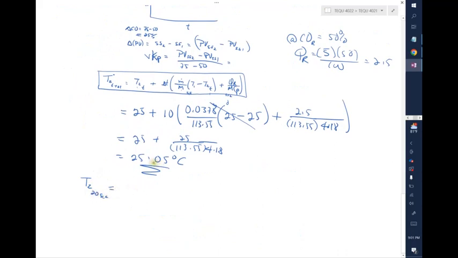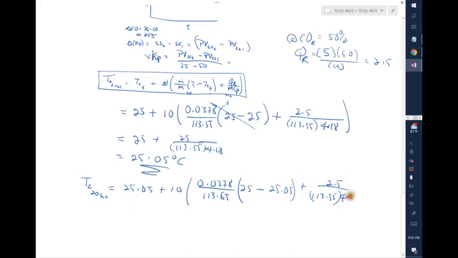The one at 10 is this one, so it's gonna be 25.05 plus 10 is the delta T times 0.037A over 113.55 times. Here, careful, this is T1, that will not change. T1 will stay at 25, but this one will change, and that will be 25.05 plus 2.5, that will not change, divided by 113.55 and the 4.18 heat capacity, close parentheses.